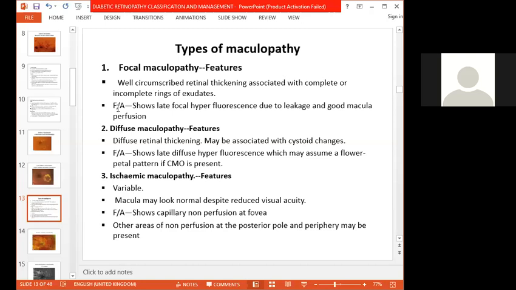In fluorescein angiography, it will show late focal hyperfluorescence due to leakage. So when you do fluorescein, in the late stages, the blood would have reached there. Because when you do fluorescein angiography, you are not injecting into the eye. You are injecting through the veins, on the hand or something like that.